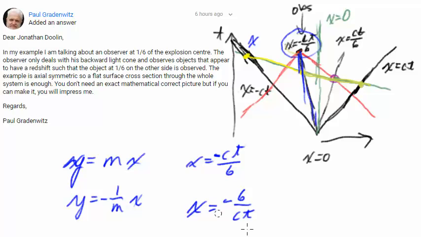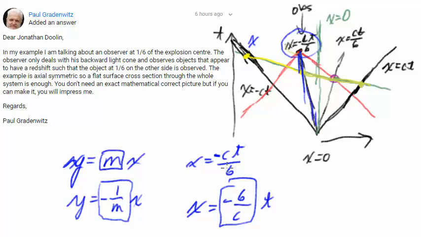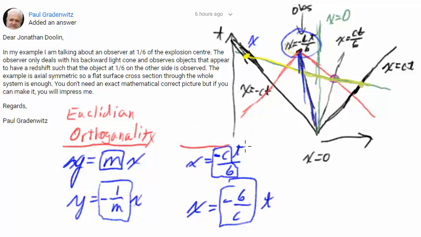It's not the reciprocal of the whole thing, just the reciprocal of the constant. So here it's m and negative 1 over m. Here it is slope negative c over 6 and slope negative 6 over c. So that's your Euclidean orthogonality, and this is hyperbolic orthogonality.